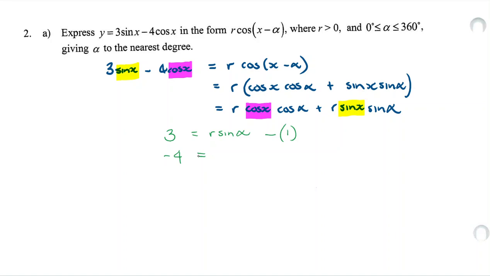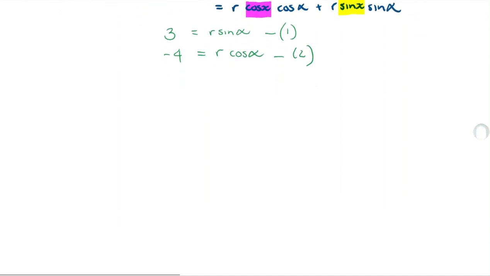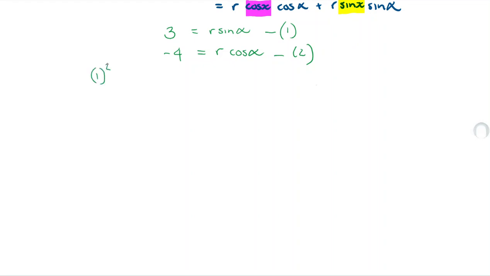And that's going to be r cos alpha for the right-hand side of the equation. So that's equation 2. To solve them, we sum and square. So 1 squared plus 2 squared is going to be 3 squared plus negative 4 squared. I don't actually need the minus because it'll become positive anyway.